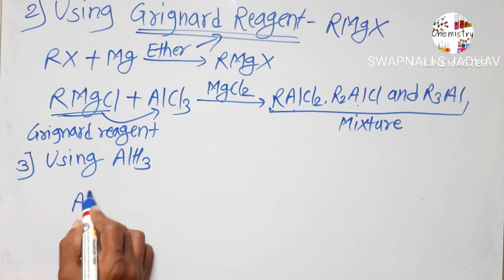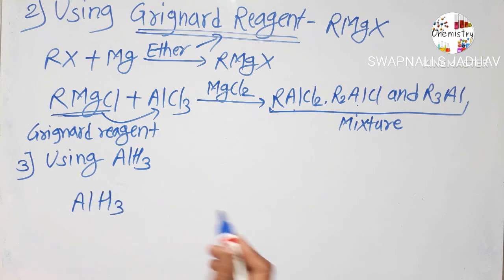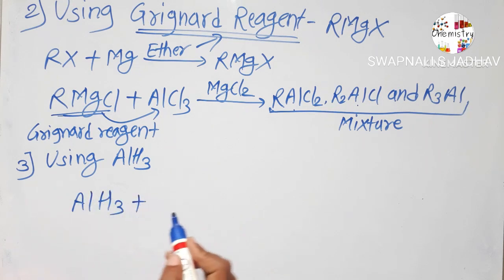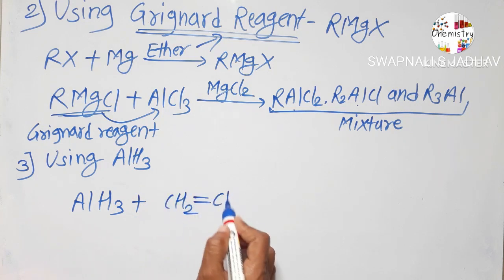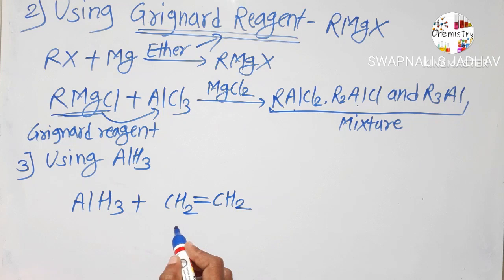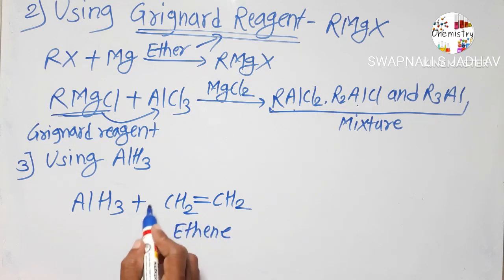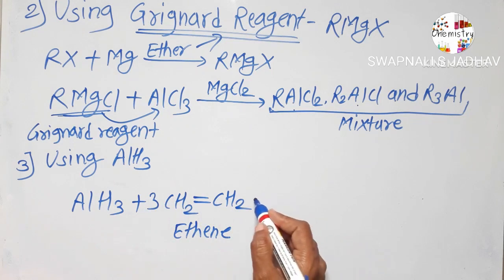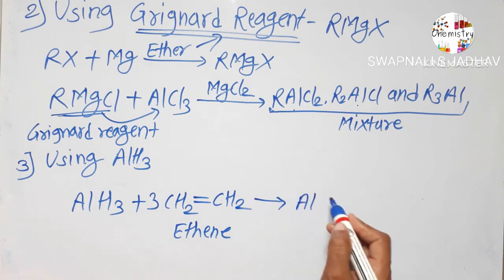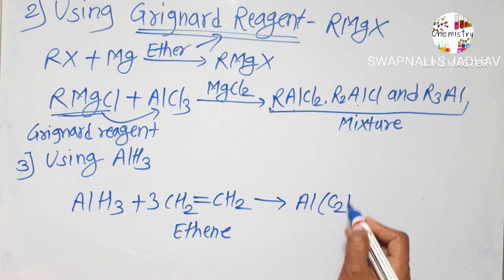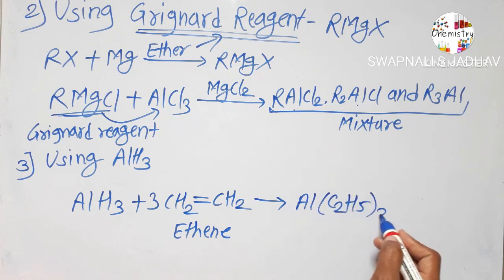For example, the action of aluminium hydride AlH3 on alkene. Here we take ethene, CH2=CH2. Three ethene molecules are required, so there is formation of Al(C2H5)3.